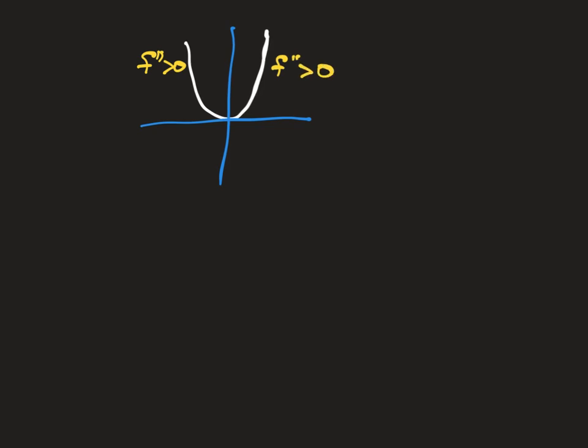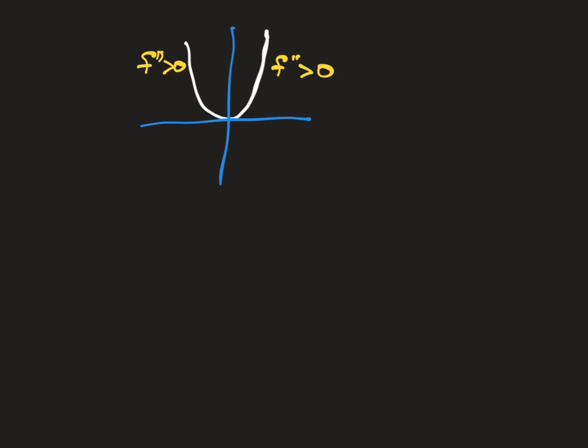So what that means is, in a parabola, over here, we have f double prime is positive. Over here, f double prime is positive, right? Because both of them are concave up.